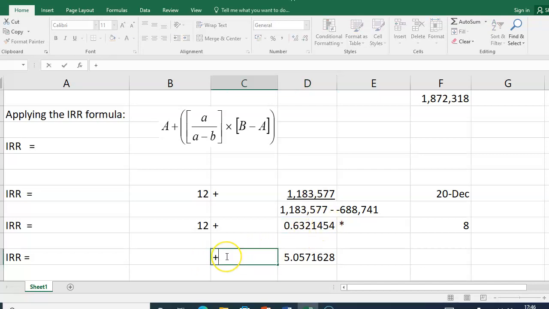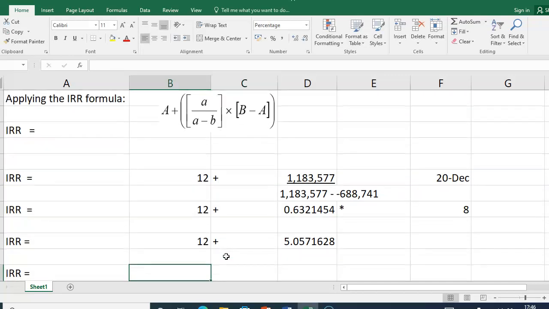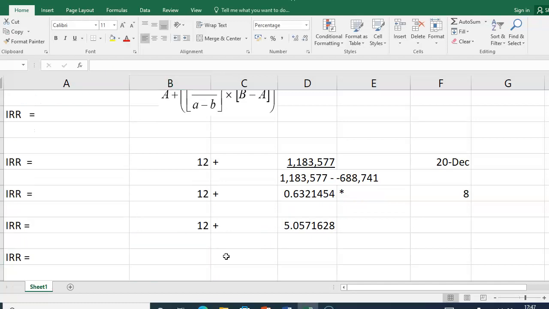Then you simply add on the 12, and that gives us an IRR of 17.05 or 06%. So that's our IRR calculation.